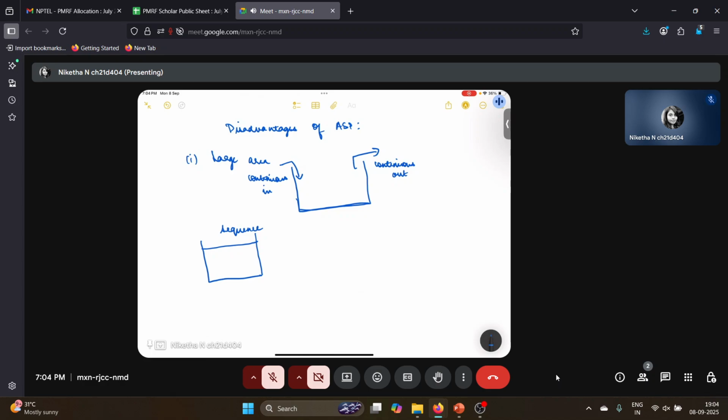Similarly, wastewater will be treated in batches. That is why it is called a sequential batch reactor. The same tank can be used for multiple processes and multiple batches of wastewater.